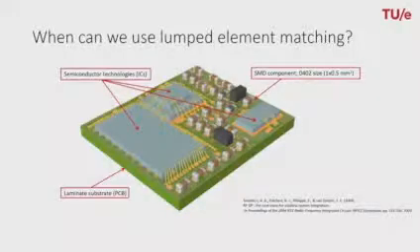So in this case, lumped element matching is really applicable. If we move to higher frequencies, then the size of the SMD component could be a larger fraction of the wavelength, and then lumped element matching will have limitations.